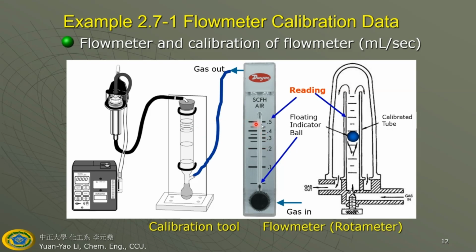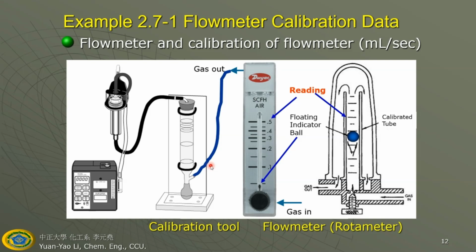So in that case, we will know this reading, for example 0.1, equals 5 milliliter per second. So we have X and Y here. I don't know if you understand me or not, but let me show you.